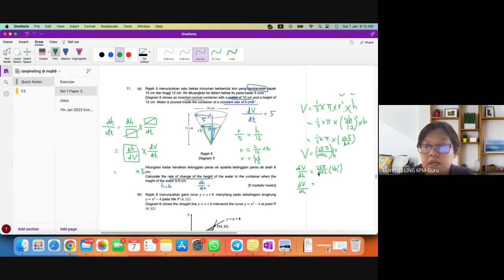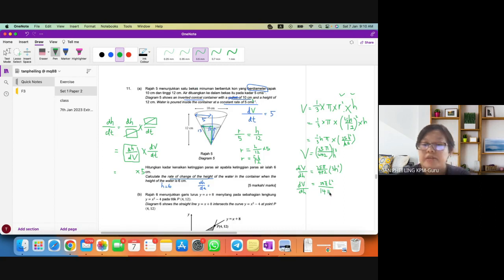Okay, and then 25 pi over 432. I can times 3, so 25 over 432, I times 3, I get 25 pi, and I put my h square on top, because I can get 25 pi over 144 now.